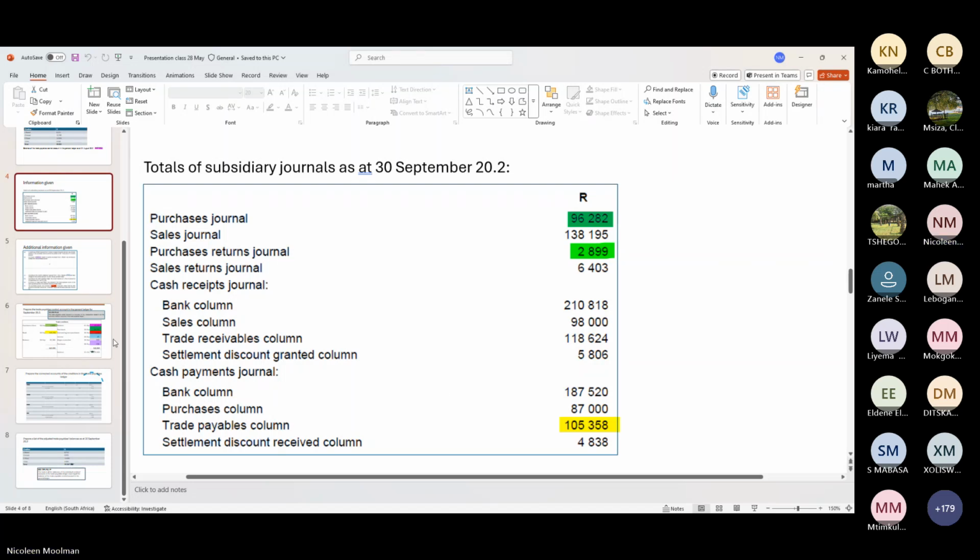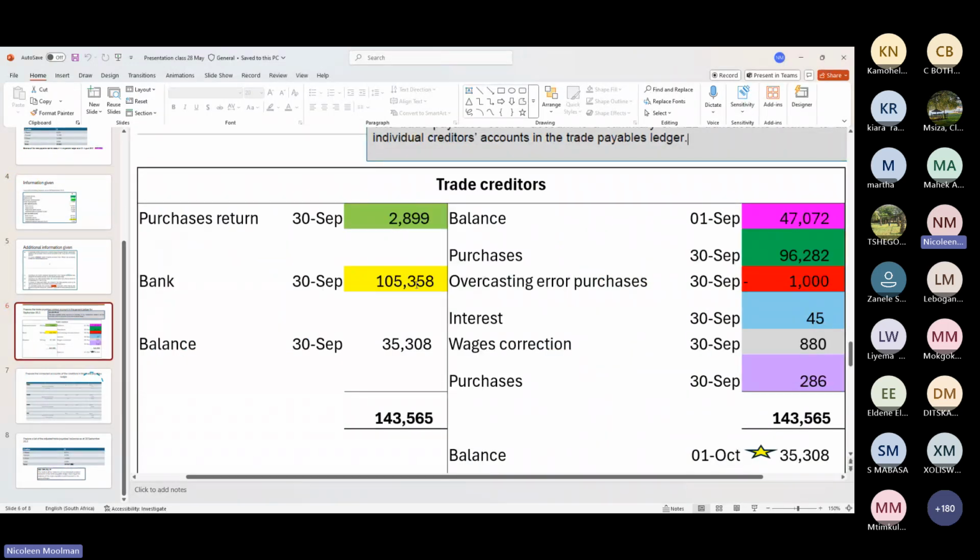But how do we reduce that now? First, we said our trade creditors, with the information they've given us, we've paid our suppliers 105358, but that's wrong. Because that balance included wages paid of 880, we didn't pay the supplier 880, it was wages.